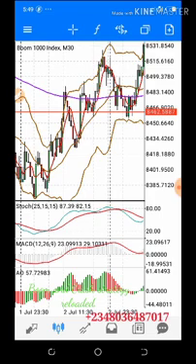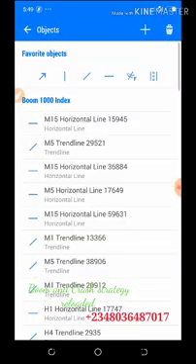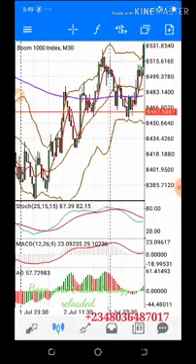So let's try and see. Okay, so it's around this place, 85.31. Let's assume we sold at 85.31 over here, and we wanted to leave it for 10 minutes candles.